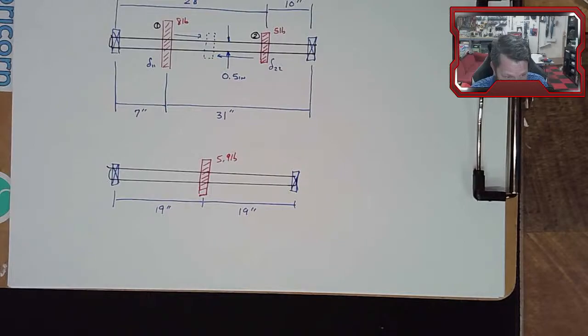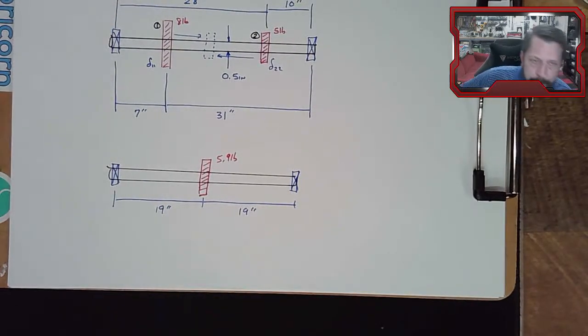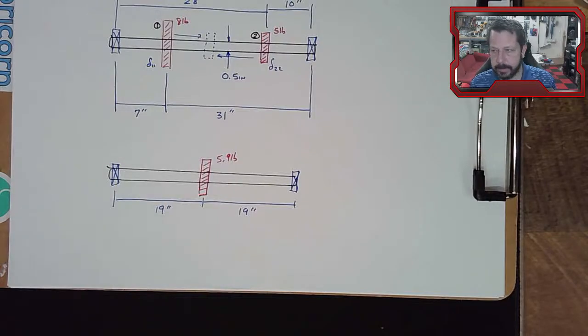So omega allowable is equal to the one we just calculated, overall, over 2. So 33 radians per second. We could also put that in RPM, because a lot of times you talk about shaft RPM. That's 320 RPM.